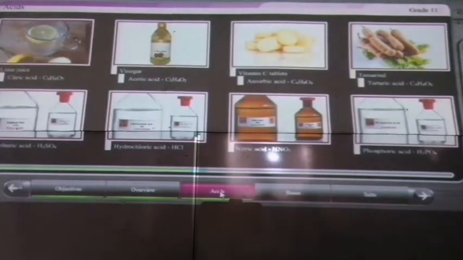Various acids are used in laboratory experiments. For example, sulfuric acid, hydrochloric acid, nitric acid, phosphoric acid, etc. can be stated. When considering the chemical formula of these acids, all these acids contain hydrogen as a component. To study further, click the blinking button on the right.